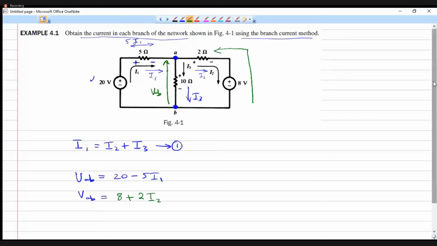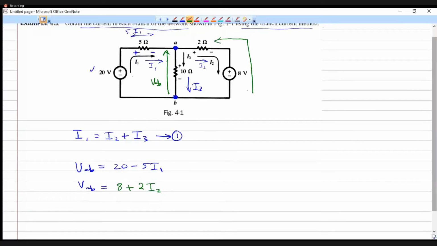One more equation you can write for I3. You can write VAB is equal to this voltage. What is this voltage? This resistance into this current. Okay. So VAB is equal to 10 times I3.